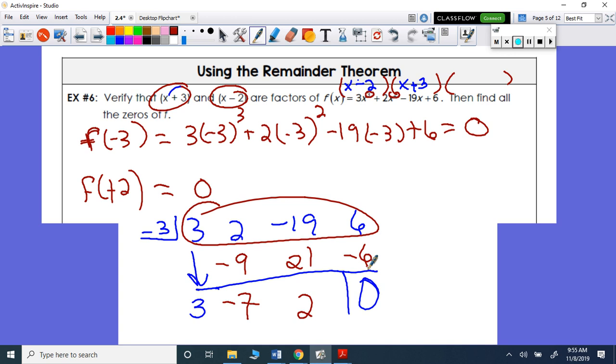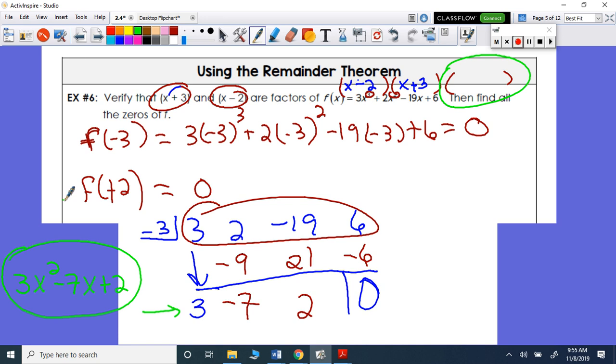But okay. So, do you guys agree that this is the degree 2 polynomial? Do you agree it is 3x squared minus 7x plus 2? Correct? All right. Now, we only need one more binomial. At this point, you could factor. I hate to factor. You could use the quadratic formula to see which one we're missing.